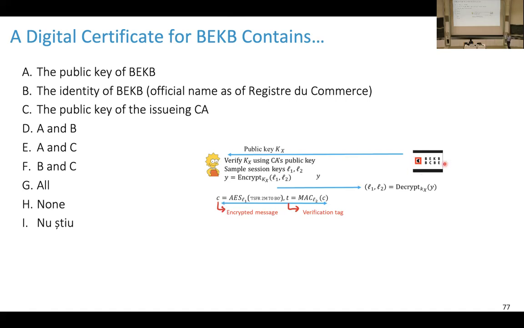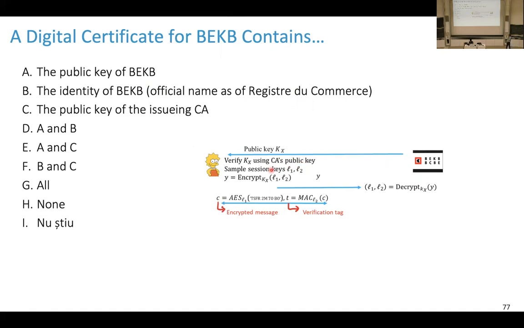This certification authority has its own private key. It will give to the bank the public key and the identity of the bank from the commercial register. It will encrypt it with the private key of the certificate authority. And Lisa has the certificate authority's public key, so she can decrypt these things.